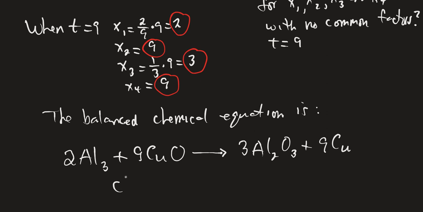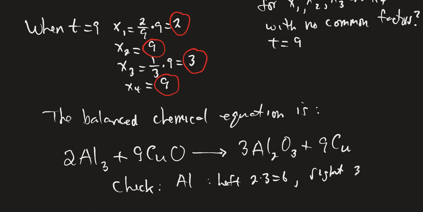Now let's do our little check. It's always good to have this check. On this side, let's check the Als. On the left we have 2 times 3, that's 6. On the right we have 3 times 2, which is also 6.